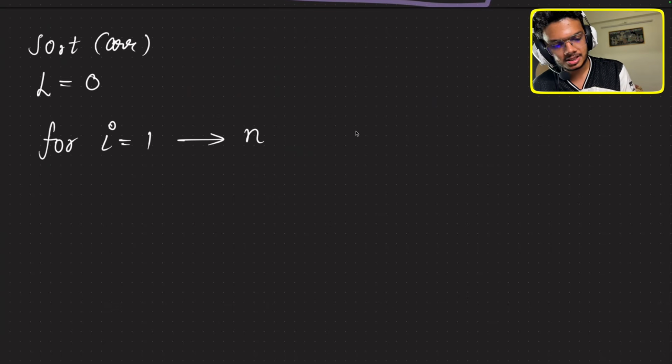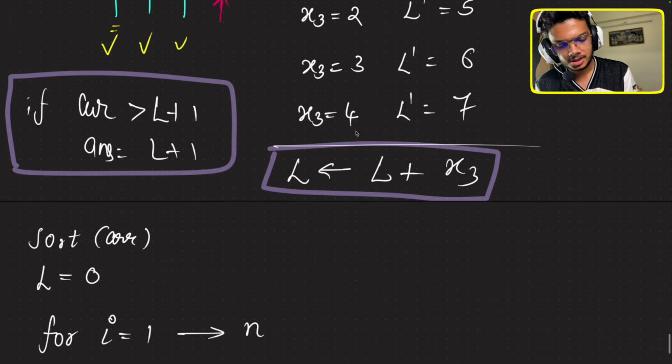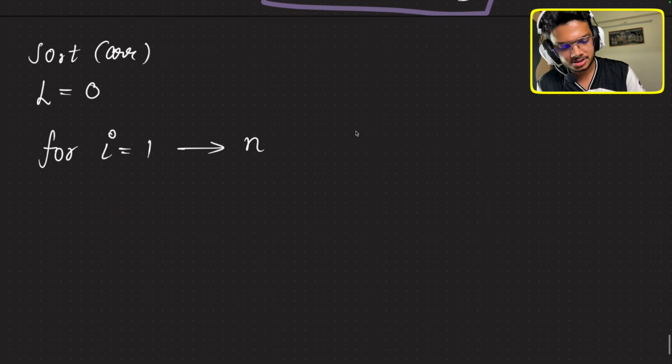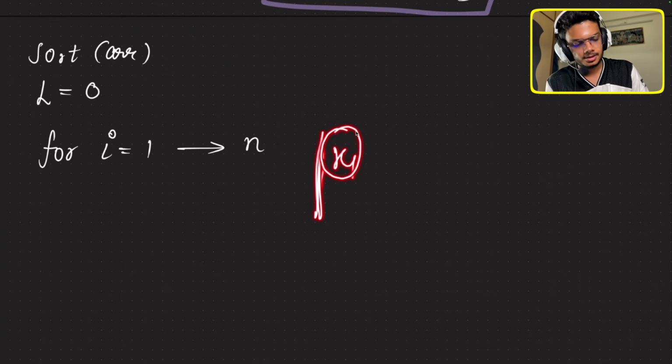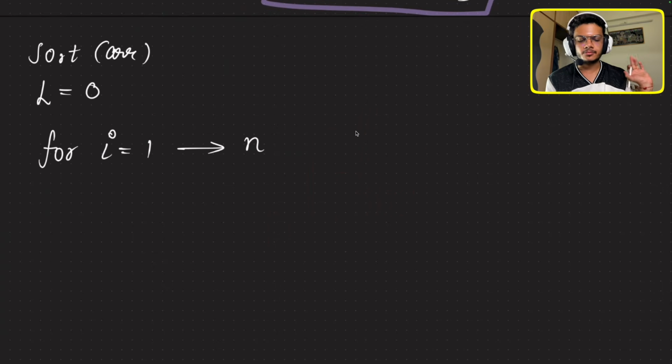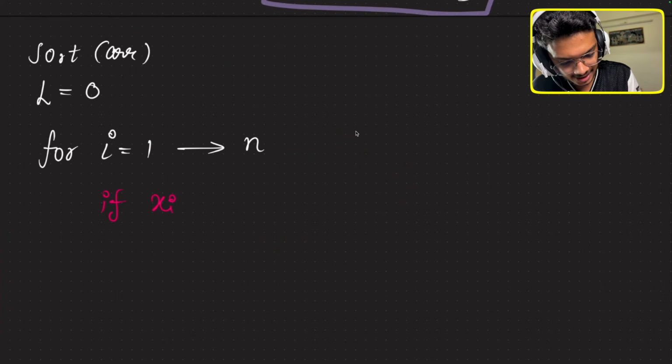Now first condition, what is the first condition? If the current coin you have is greater than L plus 1, right? For example, when you are trying to pick x1, and you know the largest sum till now that was created is 0, if this x1 is greater than 1, then you cannot create sum 1. So here I'll write the bad condition. So if xi is greater than L plus 1, right?